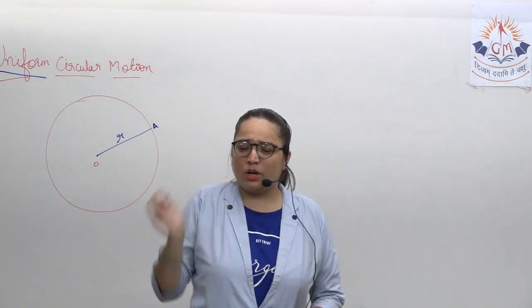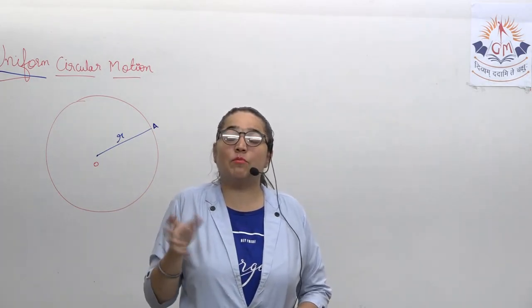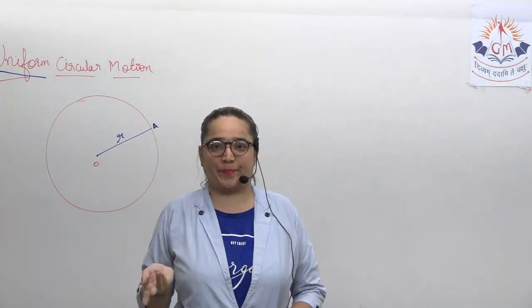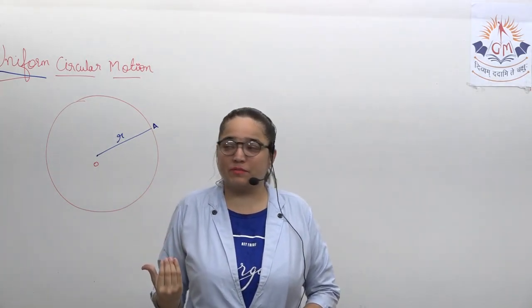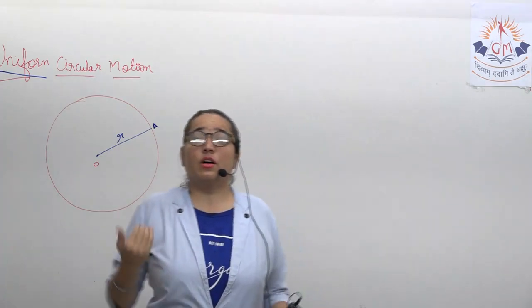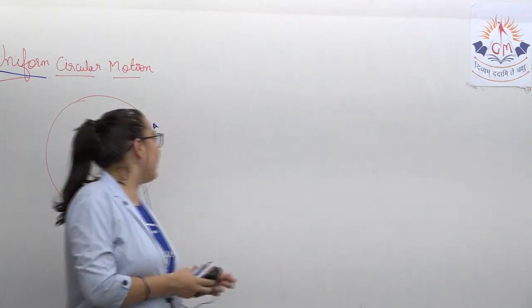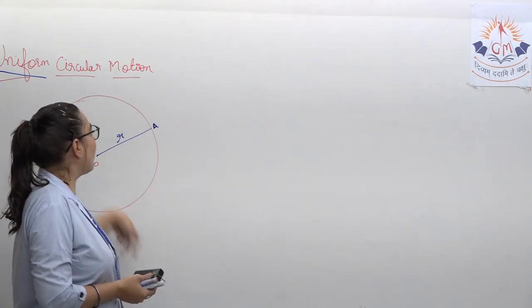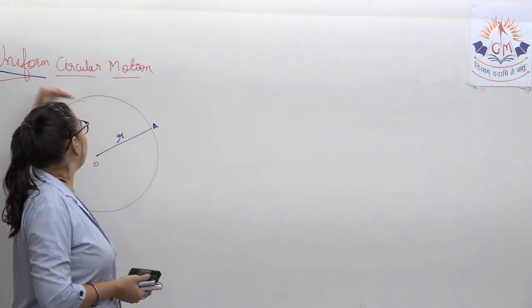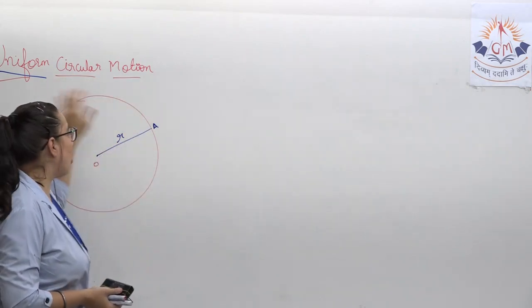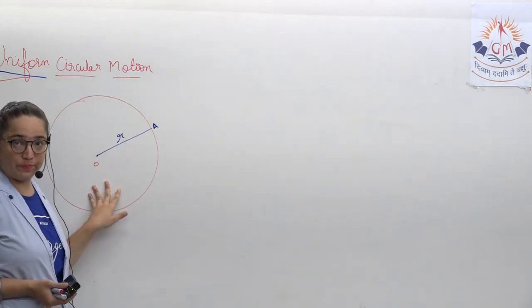You just go on whirling, and you'll see that it moves with a constant fixed speed. What is that? It's uniform circular motion. This is how the uniform circular motion of the object is carried out.